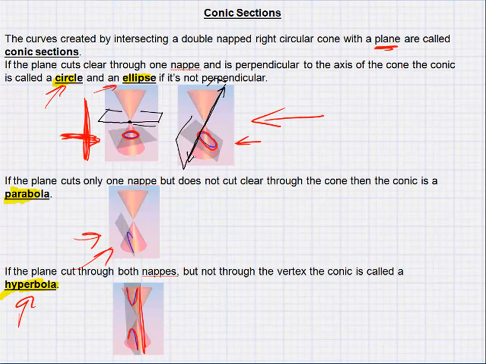We're not really going to talk about the degenerates much more than this, but just know that there are a couple of different types of conic sections you can get, other than circles, ellipses, parabolas, and hyperbolas. But the four main ones that we talk about are these. So each lesson we're going to discuss more of these. The first one we're going to discuss is the parabolas.